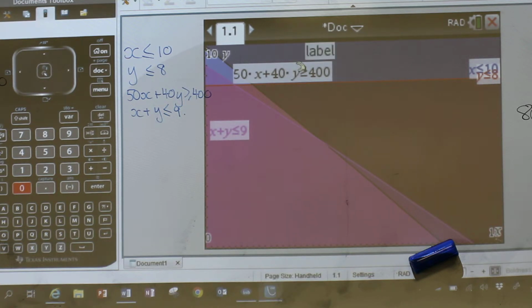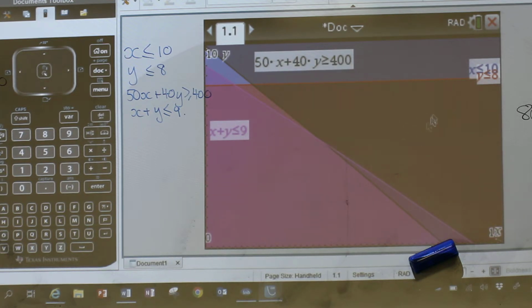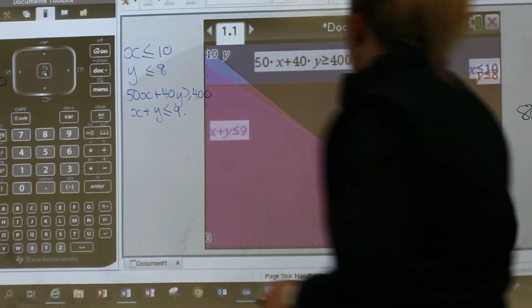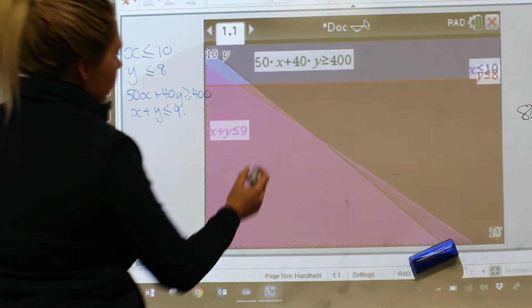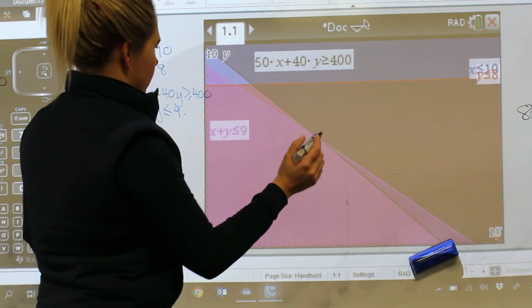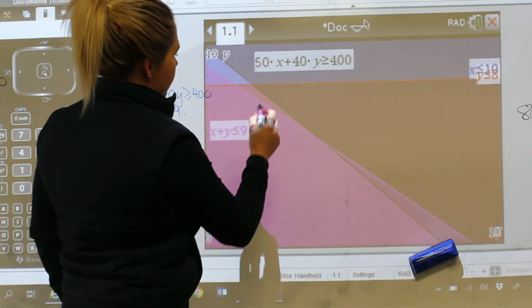We're happy with that. Now we have this section here for it to be true, okay? And this graph here also needs to be true. So if I was to outline our correct area, okay, it is going to be, where are they all true?